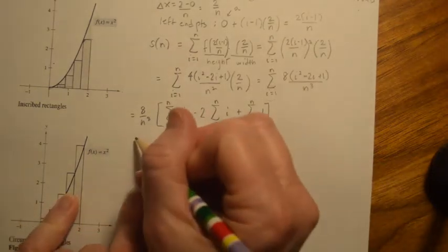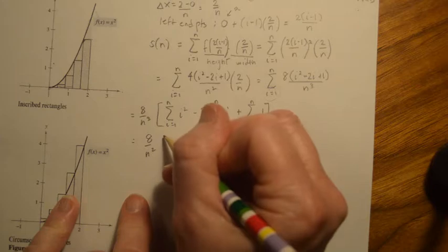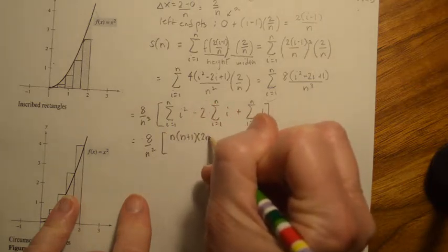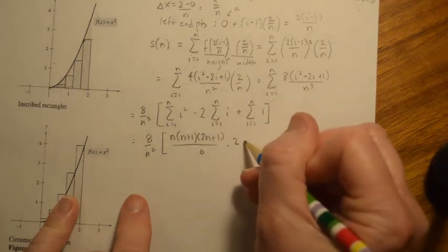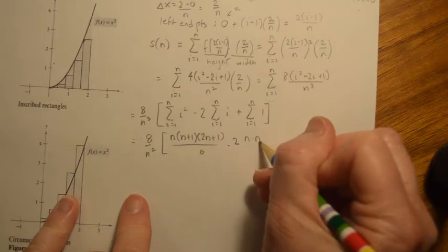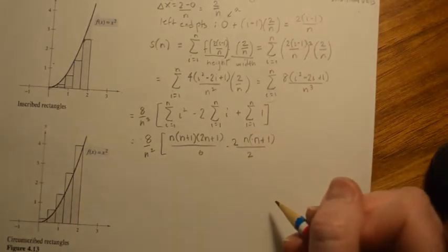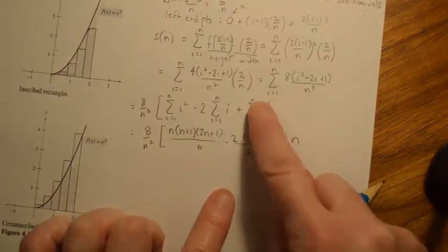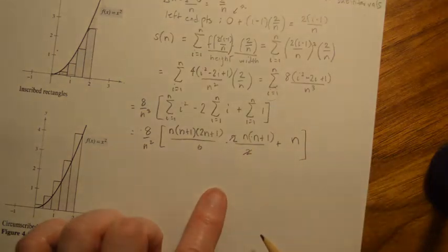So this is going to give us 8 over n cubed times n plus 1 times 2n plus 1 over 6, minus 2 times n plus 1 over 2. And then the last one is plus n. Again, our constant times our number up there. All right, these 2's are going to cancel out.